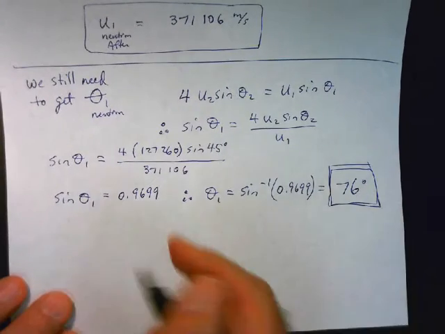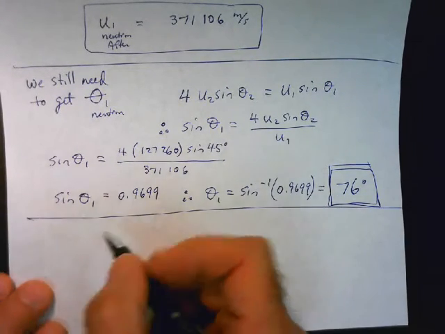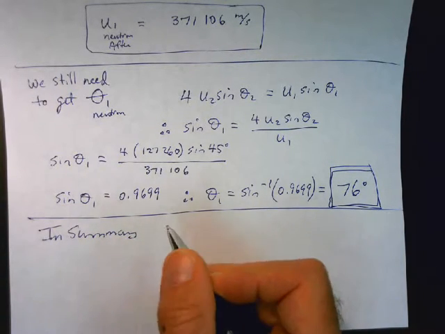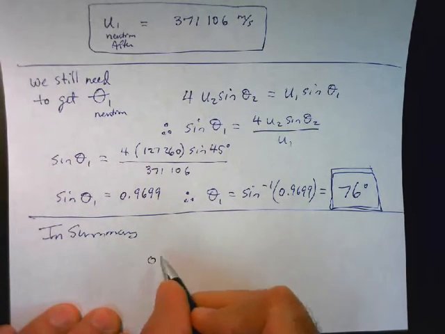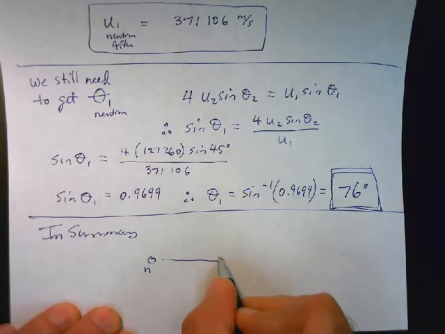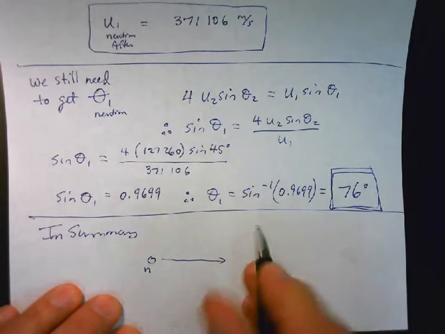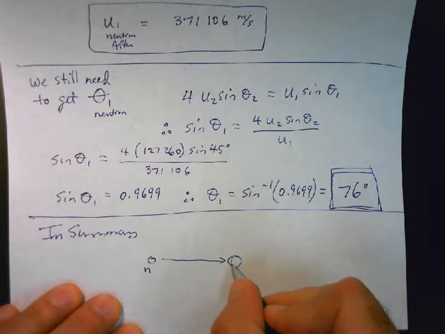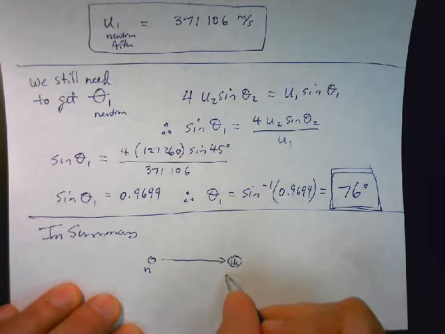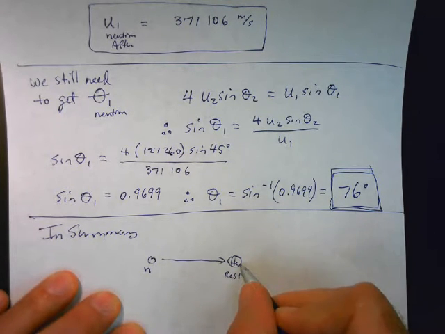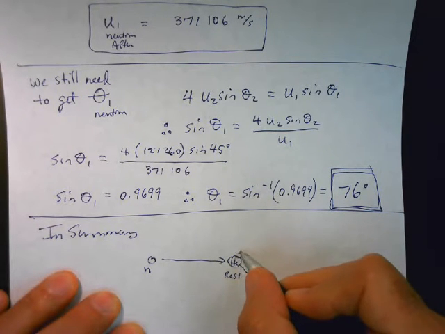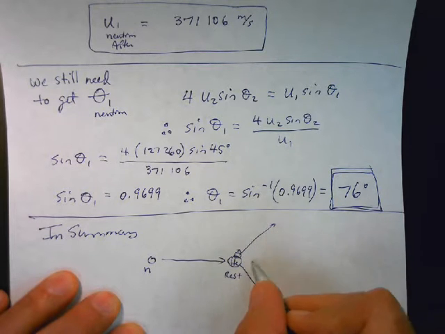So in summary, and we're done. Can't believe it. Okay, in summary, we had that neutron moving at a very fast rate, hitting a helium nucleus with a glancing collision. The helium nucleus was at rest at first, but then the helium nucleus went off one way, and the neutron went off another way.